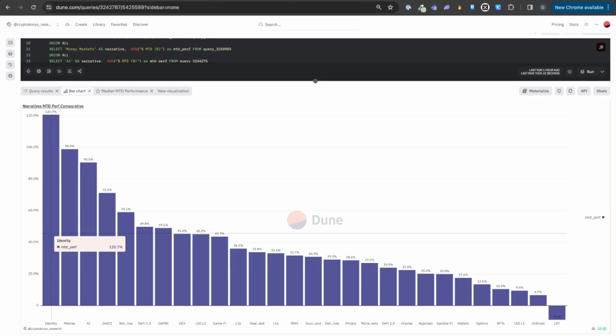So what happened this month was that OpenAI released Sora, their text to video generation service, and because the CEO of OpenAI, Sam Altman, is also the CEO of WorldCoin, there was a surge in the price of WorldCoin. This is why you're seeing a strong performance here for identity. WorldCoin is the main contributor to the performance you are seeing here.